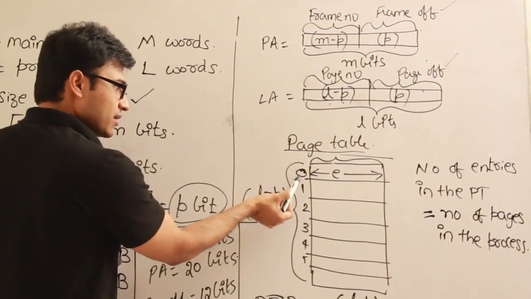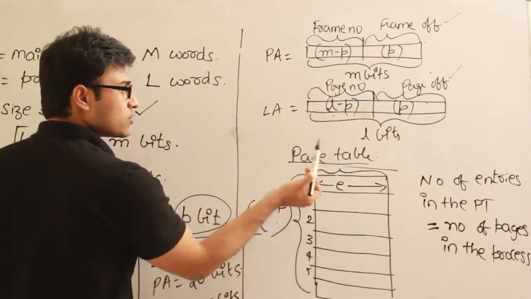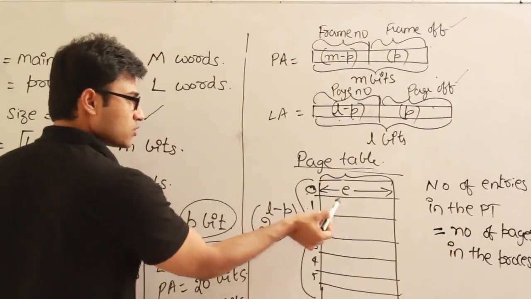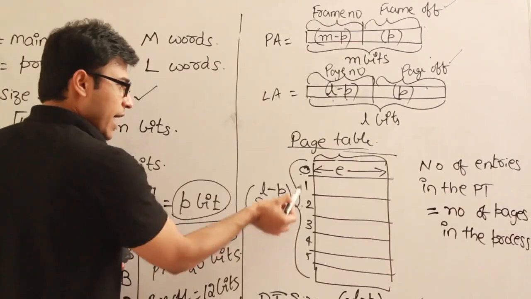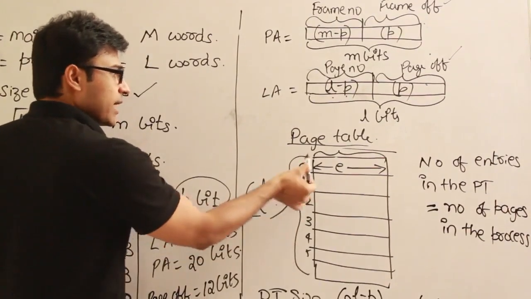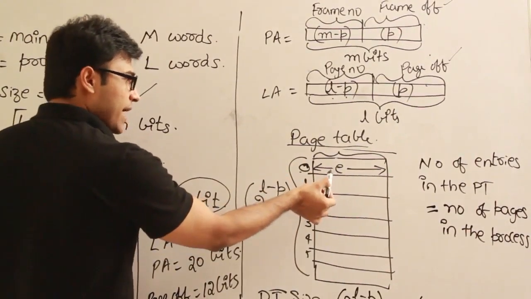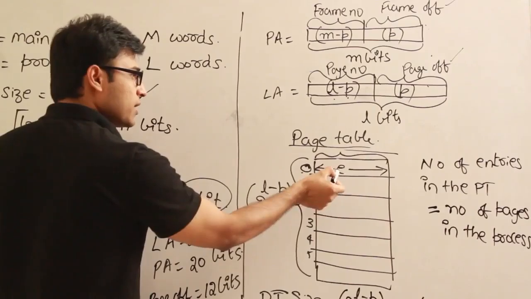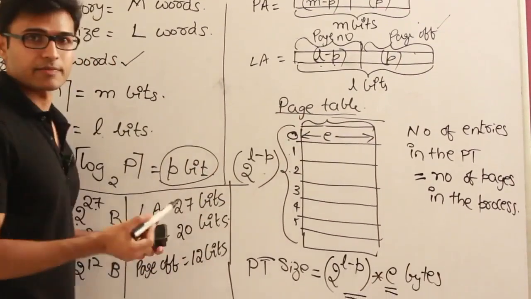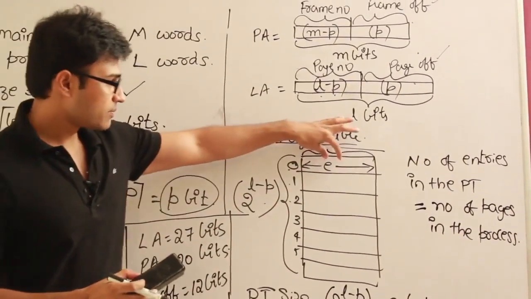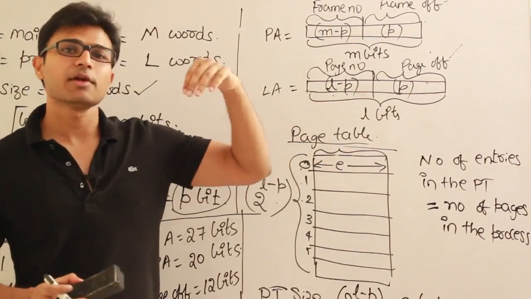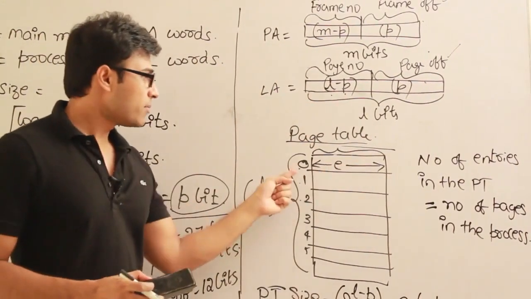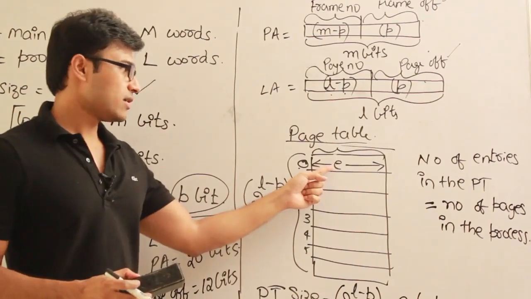So it represents that page number 0 is present in so and so frame, page number 1 is present in so and so frame, page number 2 of this process is present in so and so frame, right? Therefore each entry of the page table contains the frame number in which that particular page is present. For example, if page 0 of the process is present in frame number 10, then the entry for page number 0 will contain frame number 10.